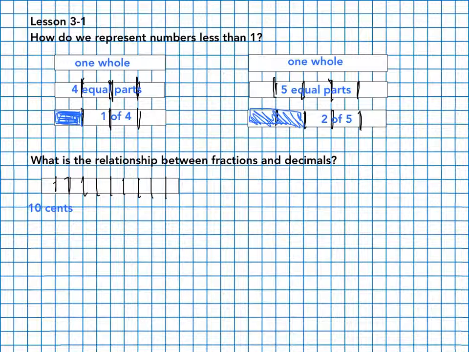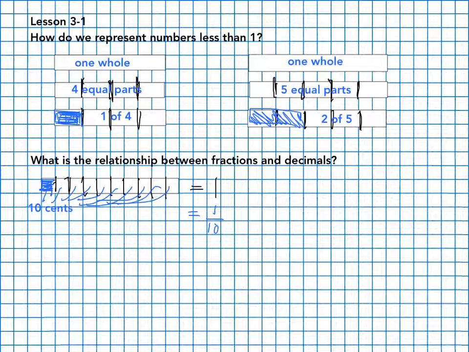Meaning each one of these, let's just draw a quick arrow here, 10 cents. Now, if we think of each one of these as 10 cents, what is this whole thing going to be? Well, regardless of what you call it, the whole thing is going to be equal to 1. Now, if I isolate one of these, that is going to be 1/10.